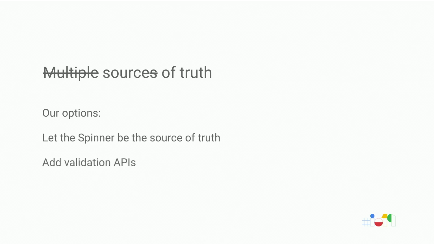So we could design some of these components such that the spinner itself is the source of truth. And you could see how you would put that together even with the API that we just saw. It basically looks like having to add a whole bunch of validation APIs. It means that every user interaction widget needs these fully formed APIs for anything that you can change, to filter what you might do in order to validate that what the user's inputting is actually correct.